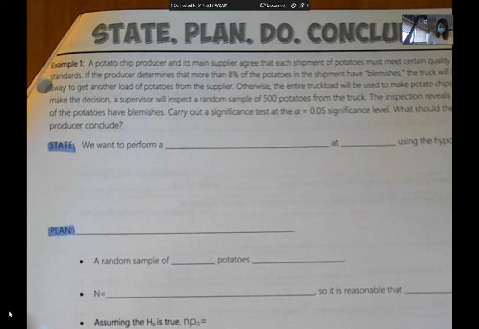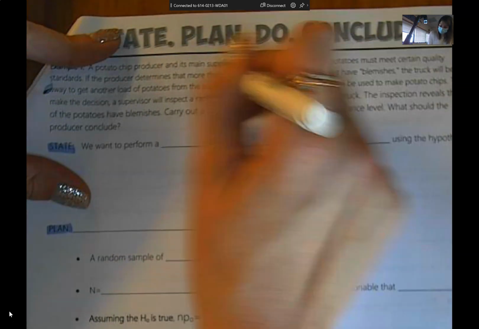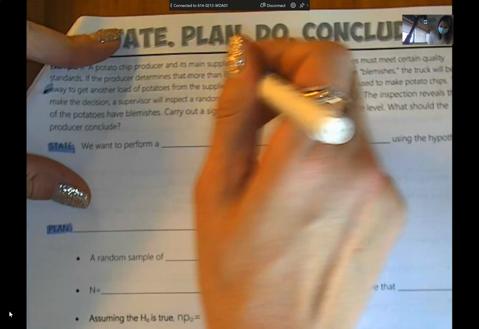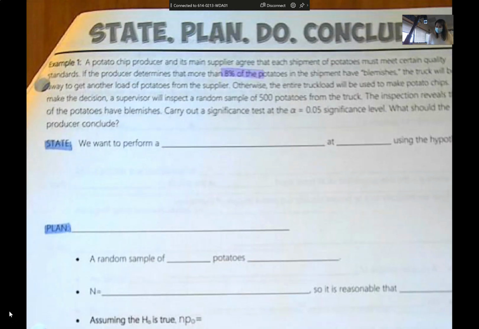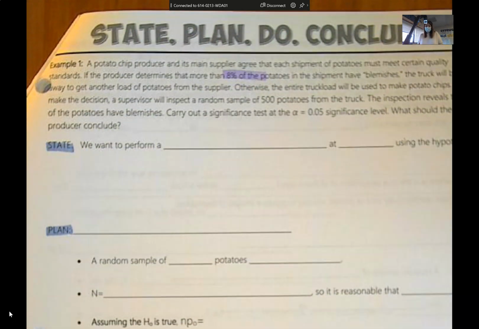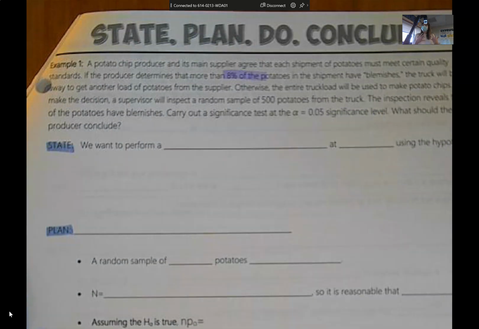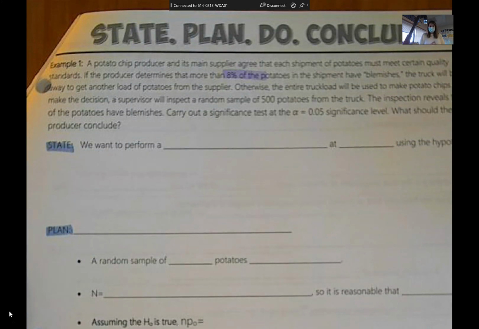So our value is 8%. If it has less than 8%, then we keep the entire truckload and use it to make potato chips.